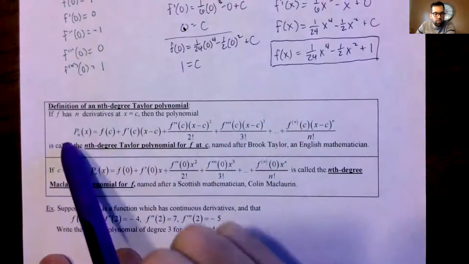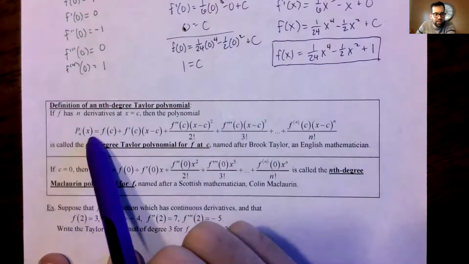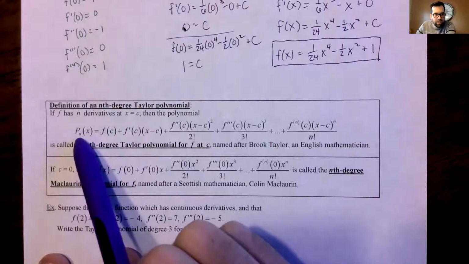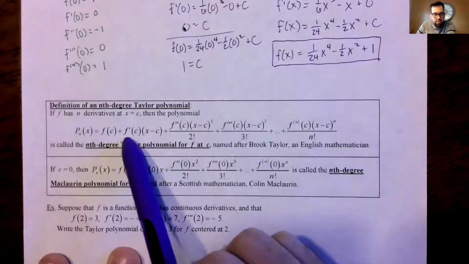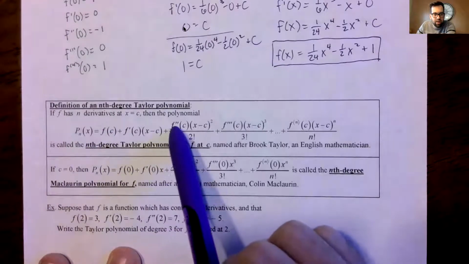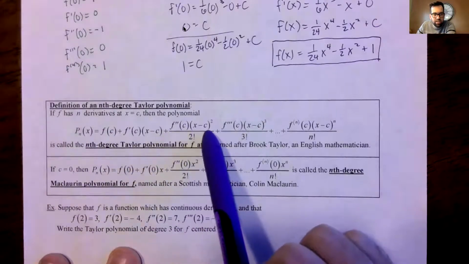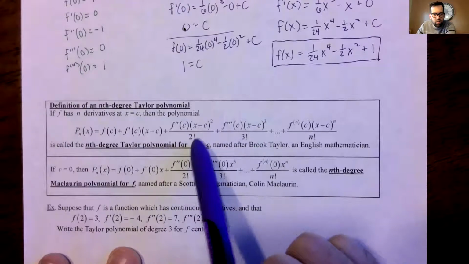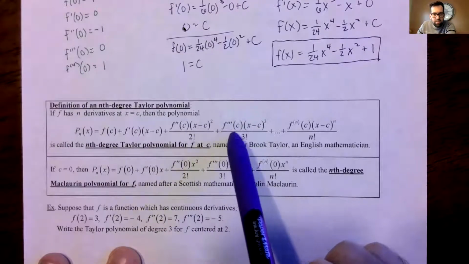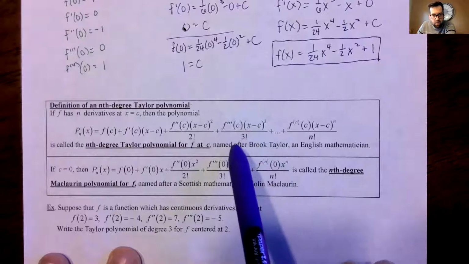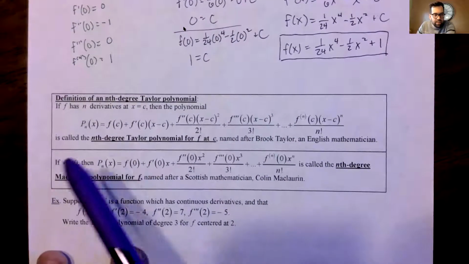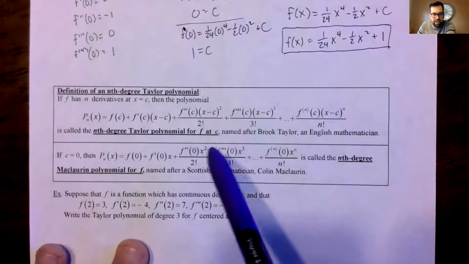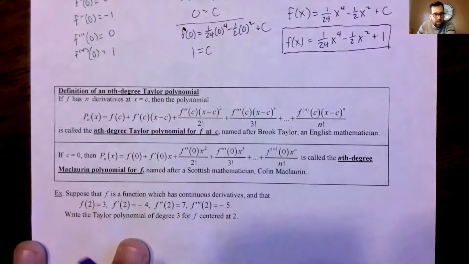Then the polynomial p sub n of x, which means the nth degree Taylor polynomial, is f of c plus f prime of c times x minus c plus f double prime of c times x minus c squared over 2 factorial plus f triple prime of c times x minus c cubed over 3 factorial, etc. That's called, as I said, the nth degree Taylor polynomial for f at c, named after Brooke Taylor.